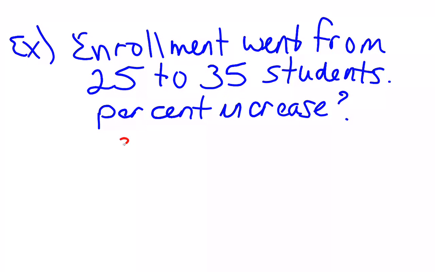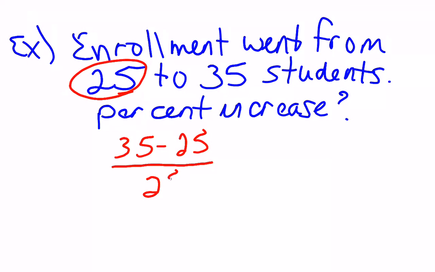So in this case, we want to subtract 35 minus 25. And then we're going to divide it by the original. So where did it start? It started at 25. Okay, so 35 minus 25 is 10. And we're going to divide 10 divided by 25.